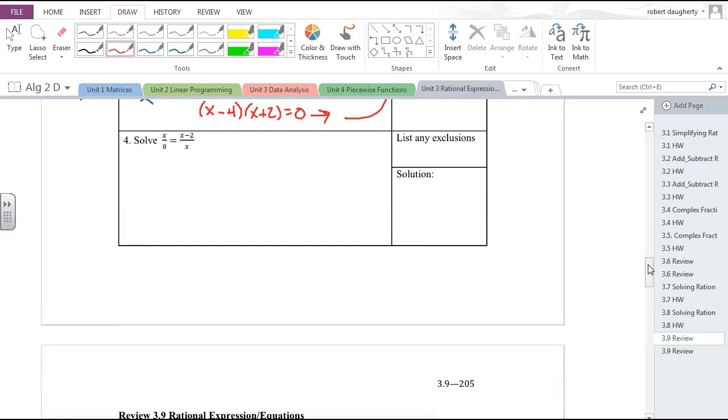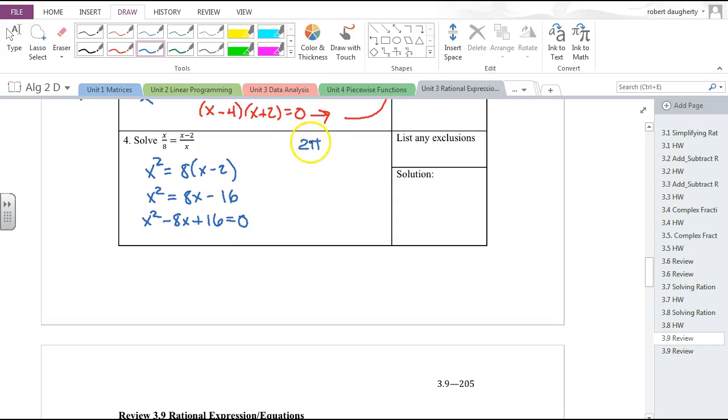Next equation, solving here, I've got the form fraction equal fraction, so I can cross multiply, and I get x squared equal 8 times x minus 2, which means x squared equal 8x minus 16, x squared minus 8x plus 16 equals 0.